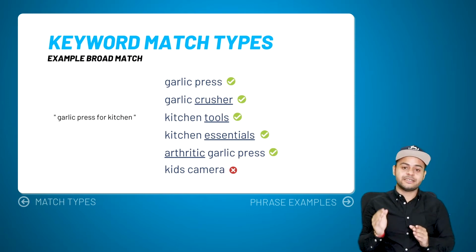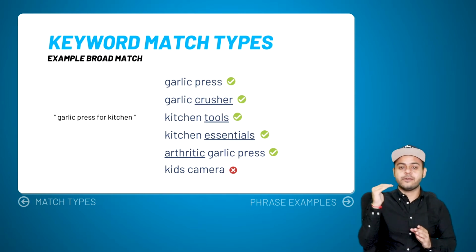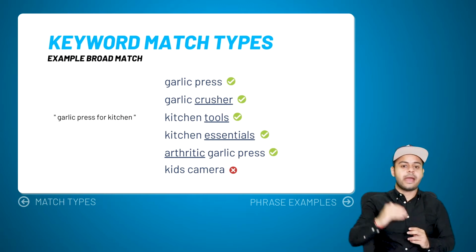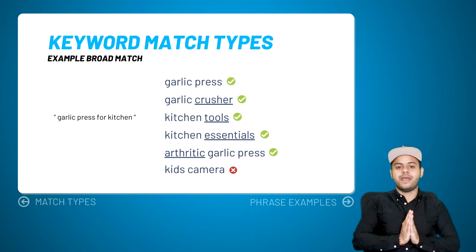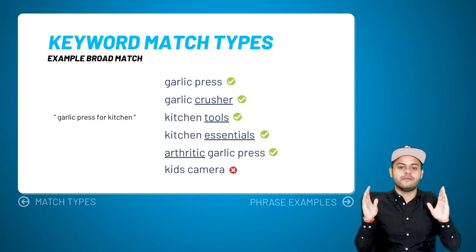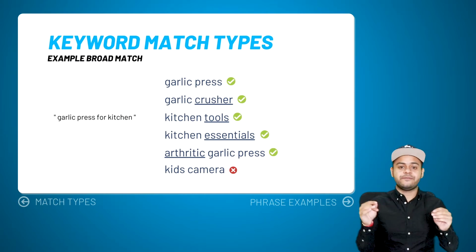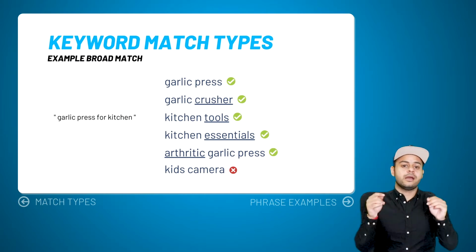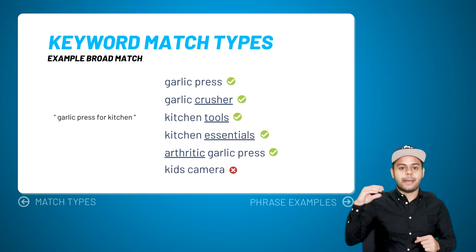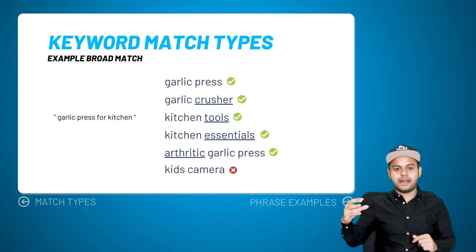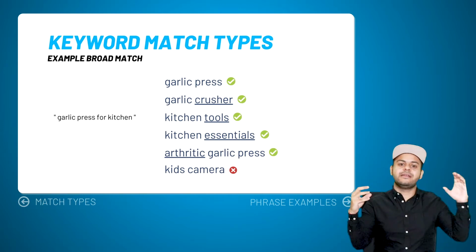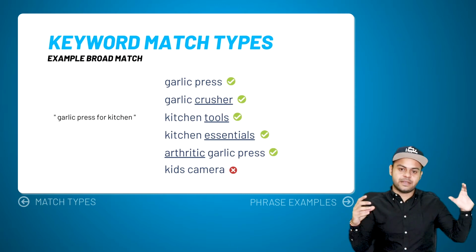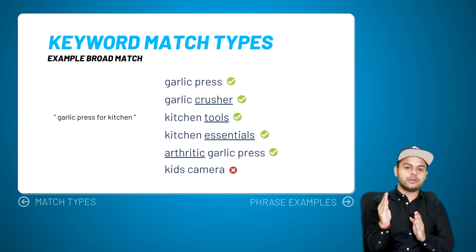But something that you must be aware of is that when you have a broad match type ad campaign, Amazon is not going to show your ads to everybody and anybody who's visiting Amazon. For example, if there is a user who's searching for kids camera, Amazon's system has learned that a kids camera is very much irrelevant to a garlic press. Therefore, Amazon is not going to show your ad to somebody who's searching for kids camera.